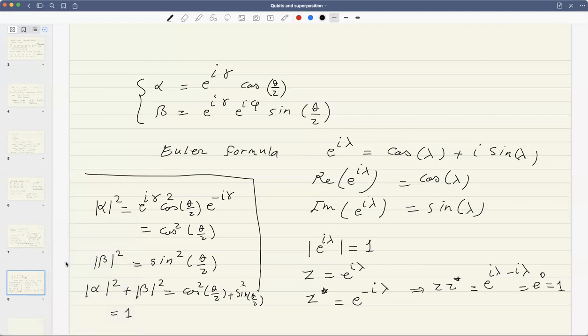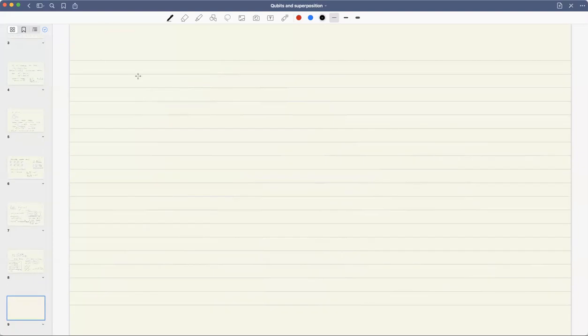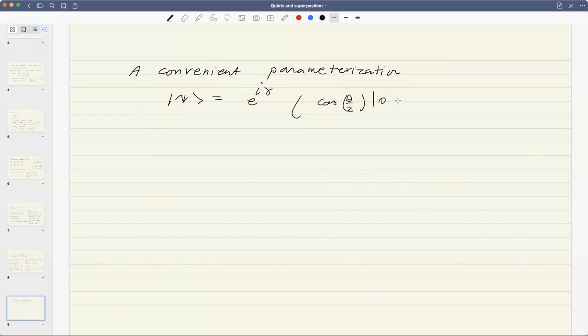So there's also a very nice geometric way to represent the state. So we said a convenient parameterization is e to the i gamma times cosine theta over 2 times 0 plus e to the i phi sine theta over 2 times 1.